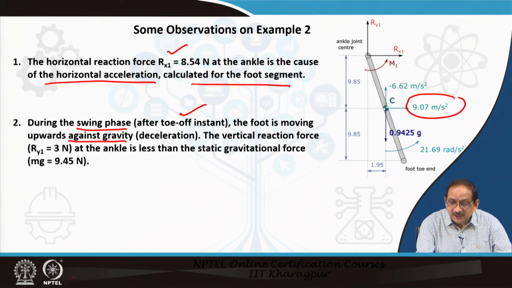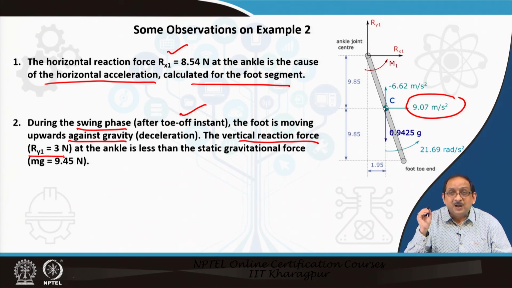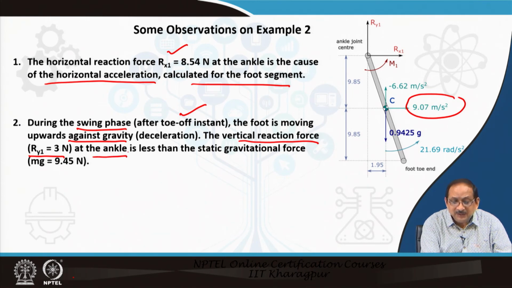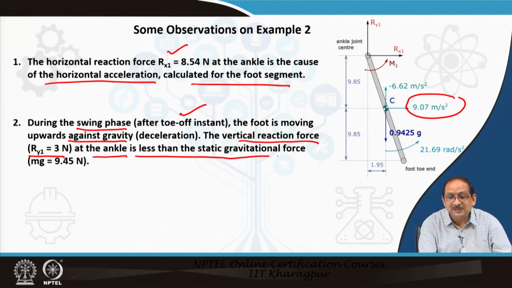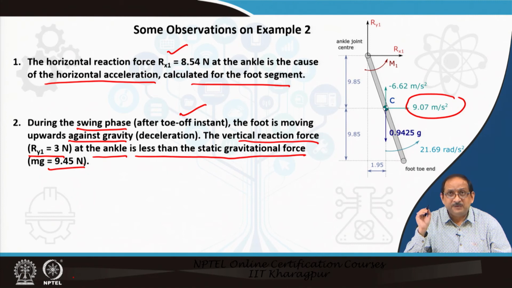The vertical reaction force Ry1 equal to 3 Newton at the ankle joint is less than the static gravitational force of 9.45 Newton.